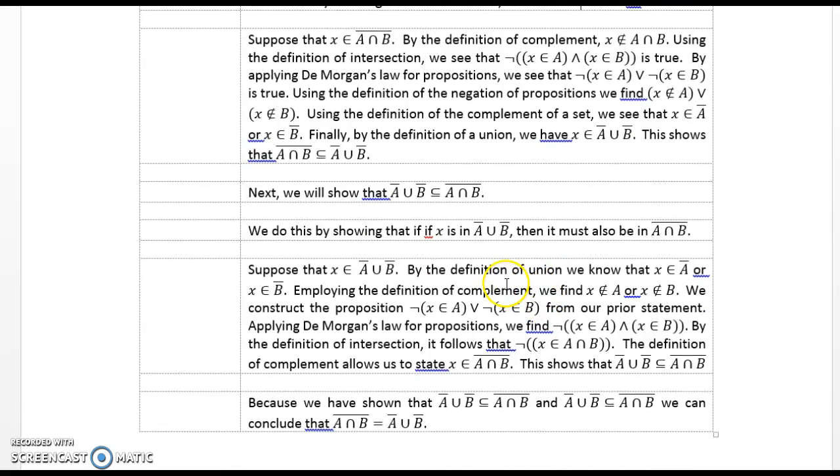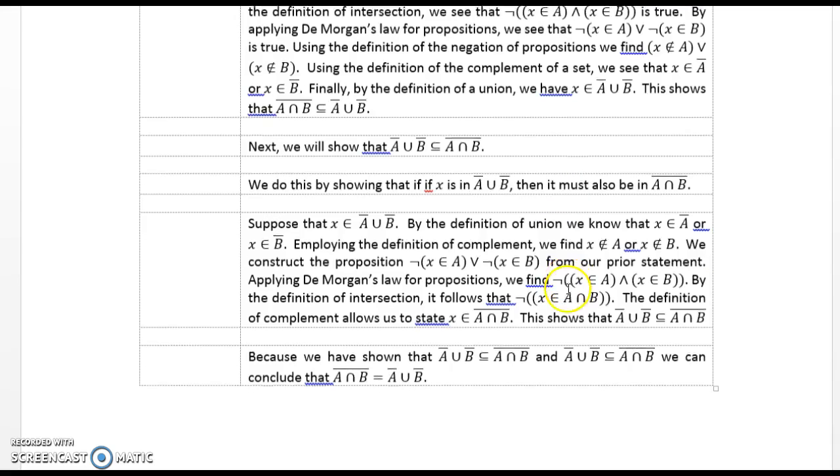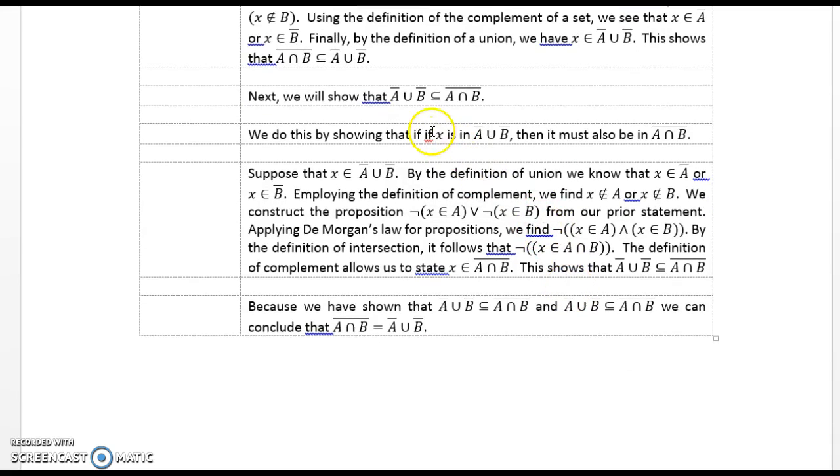Next, we will show the reverse, that the union of the complements is a subset of the complement of the intersection. We do this by showing that if X is in the union of the complements, then it must also be in the complement of the intersection.